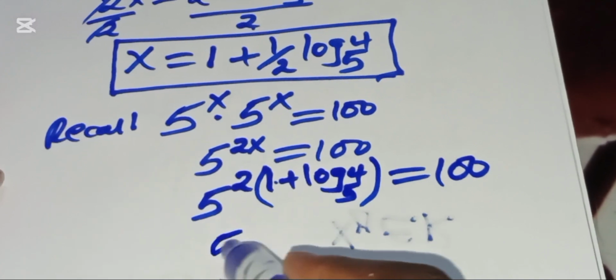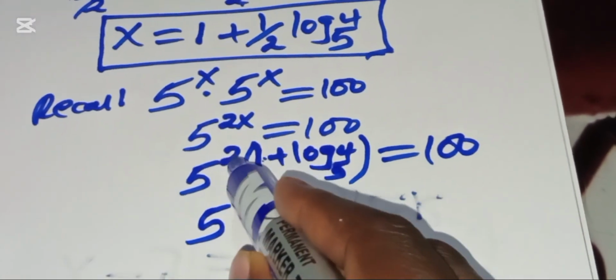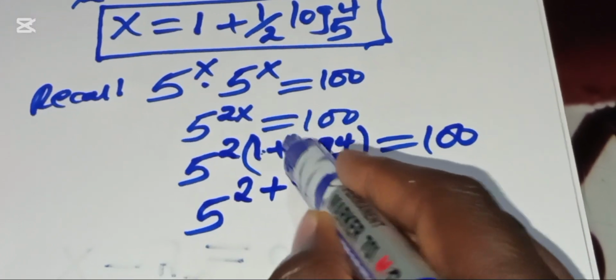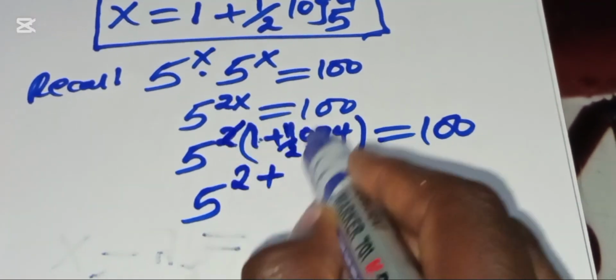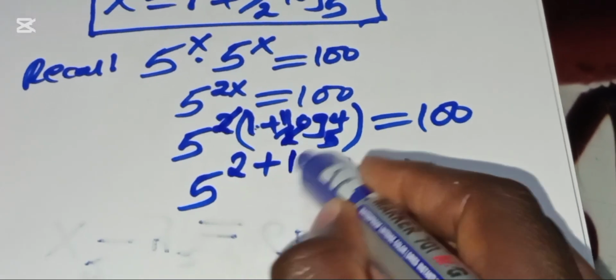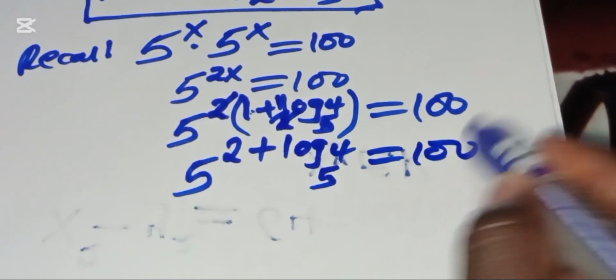So this is the same thing as 5 raised to power 2 times 1, which is 2, plus 2 times a half log 4 to base 5. So we simplify here, so that we're going to have log 4 to base 5. This is equal to 100.